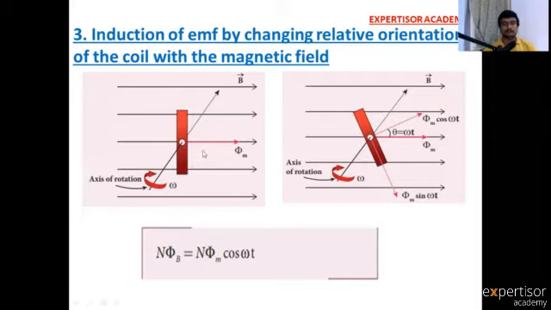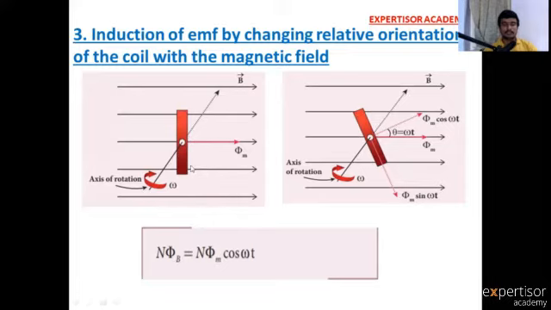Look here. Consider these are the magnetic field lines. Here we introduce the coil. This magnetic field is B. These field lines are passing through this coil.